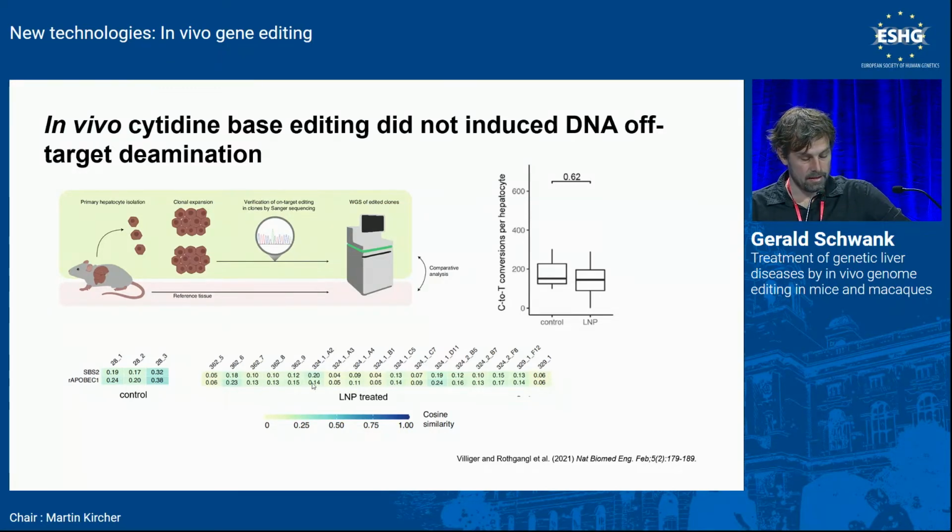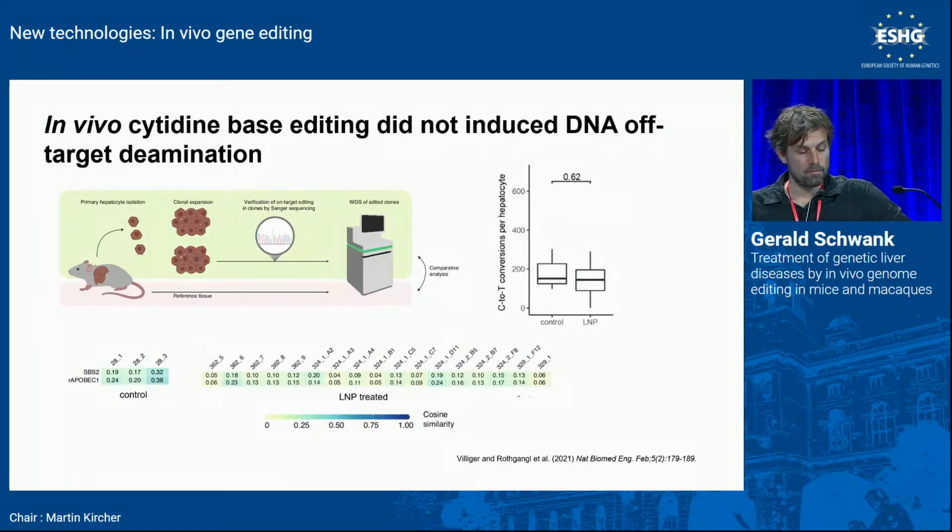And also we did not see any APOBEC signature, which APOBEC is the cytidine deaminase used in our base editor. So from these results, we concluded that we do not induce a massive amount, at least not a massive amount, of off-target deaminations. The detection limit was about 20 to 50 mutations per cell. So we could still induce a few mutations, but not too many.